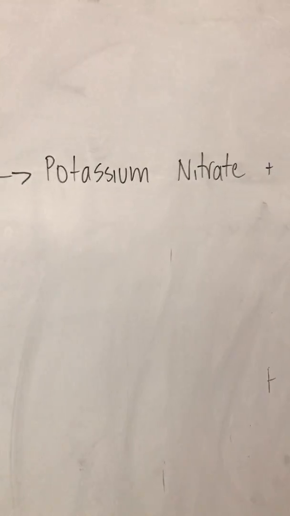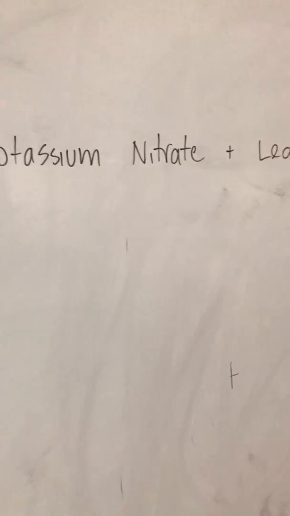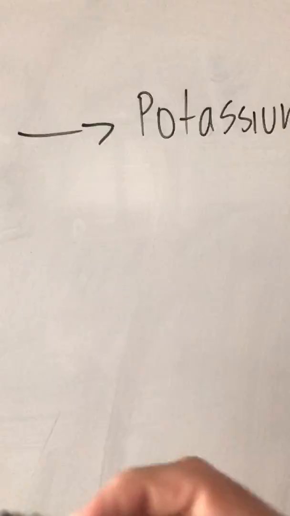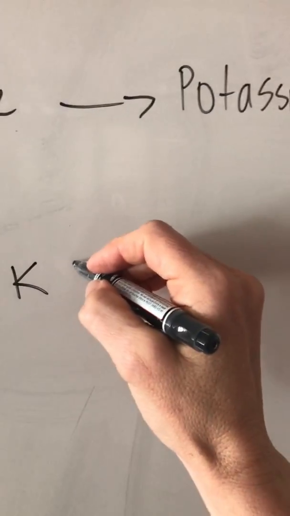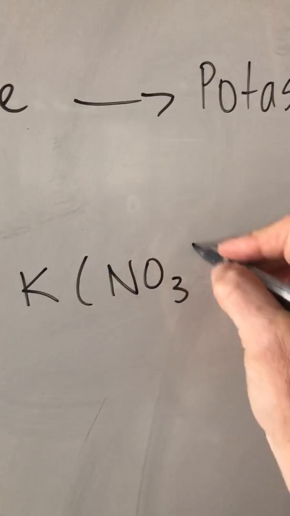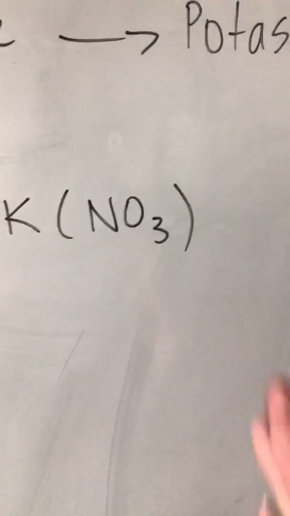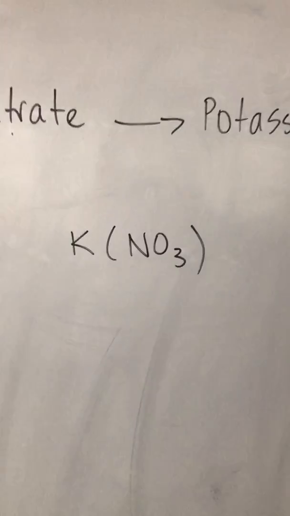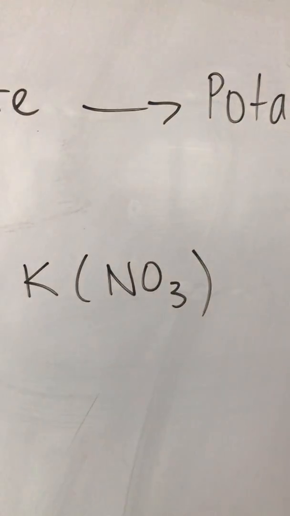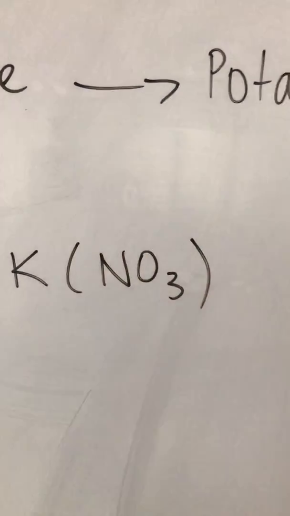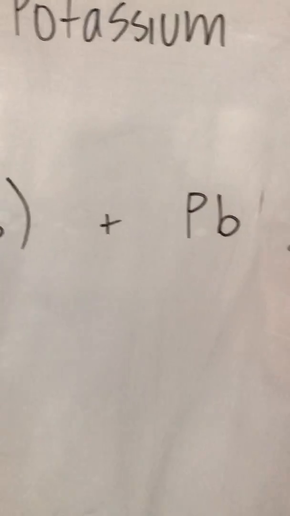So what you do is you just write out the components and then you work out whether you need 2 or 3 of those components. So potassium is K and nitrate is NO3. If you're a bit worried about these molecule ions, you can just put them in brackets for safety, so that if you do end up putting a number there, it applies to the whole molecule ion. Then lead iodide, so Pb for lead and I for iodide.